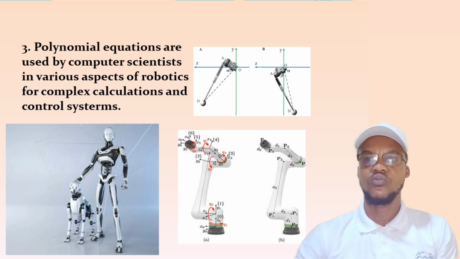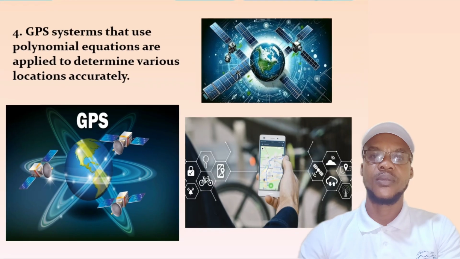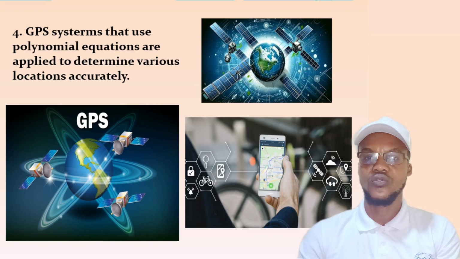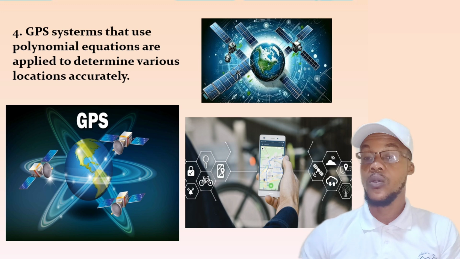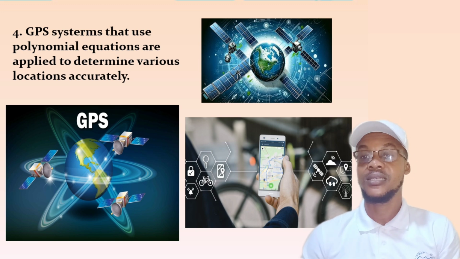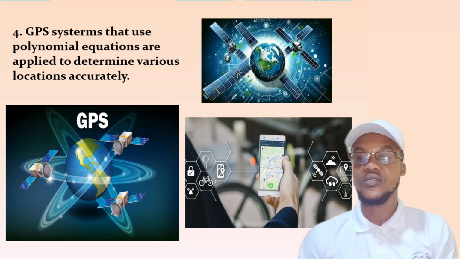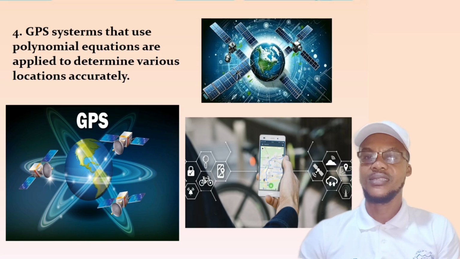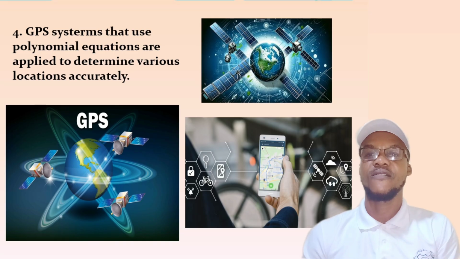All right, now let's move on and see other ones. We say GPS systems use polynomial equations to determine various locations. So all the GPS addresses that we have been generating, you go to various places, and the system will generate the address for us. All these things need polynomial functions.